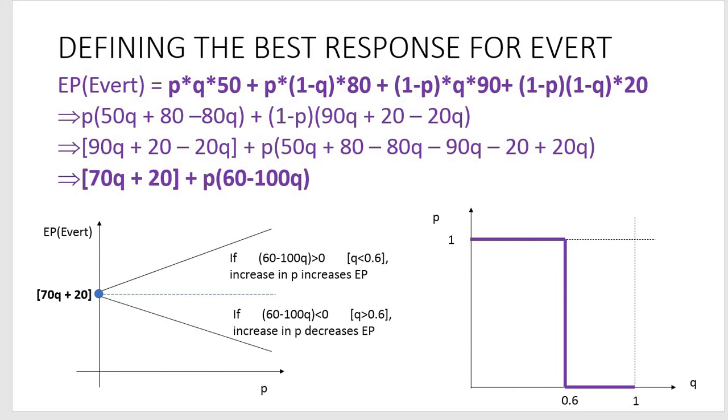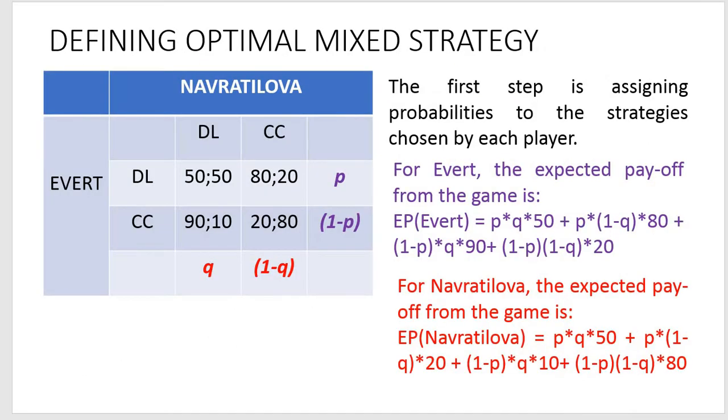So keep in mind that P is the probability of Evert choosing DL. Evert has no control over Q, because it will depend on the decision of Navratilova. That's why we take Q as some exogenous parameter, and we treat P as an endogenous parameter, so some variable which is under the direct control of Evert.